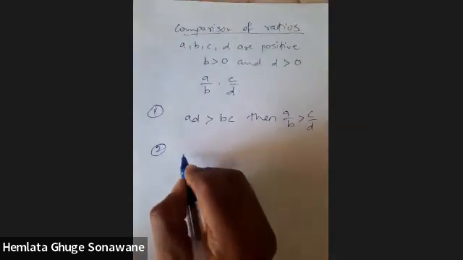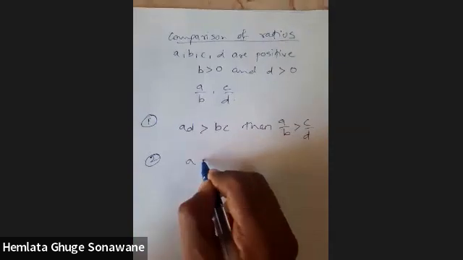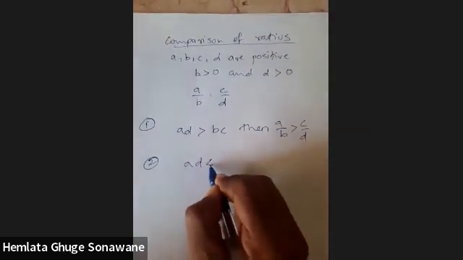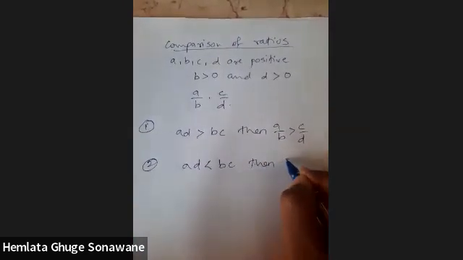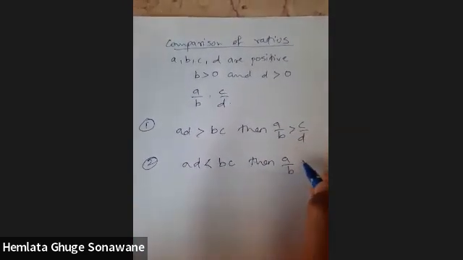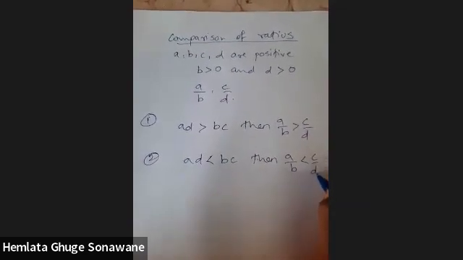Second, if A into D is smaller than B into C, then A upon B is also smaller than C upon D.